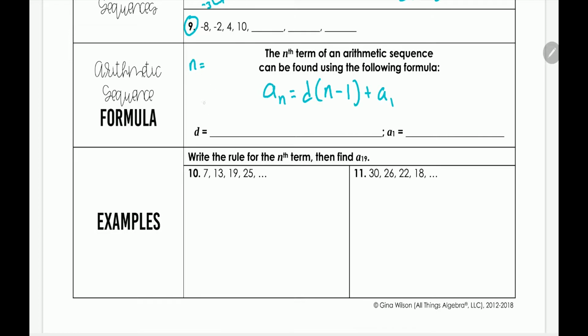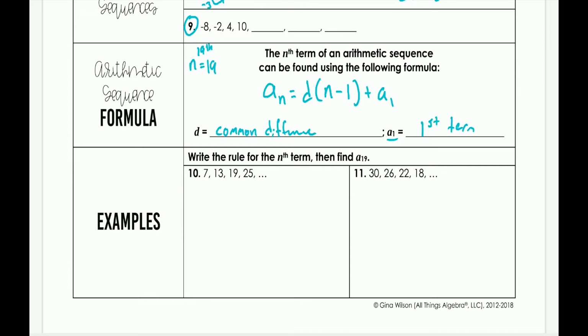So if we want to find the 19th term, we would say n is equal to 19, and then we would change the n's into 19s, and so forth. d stands for the common difference again, and a sub 1 is just the first term. In general, the first term is usually given to you.